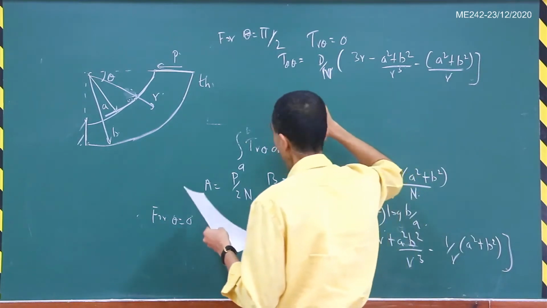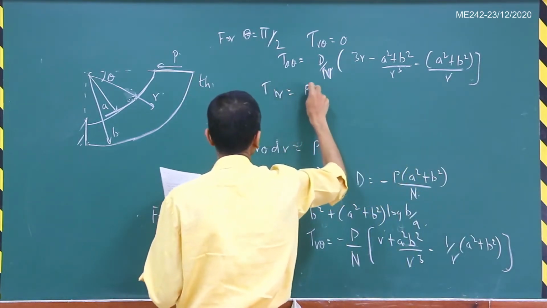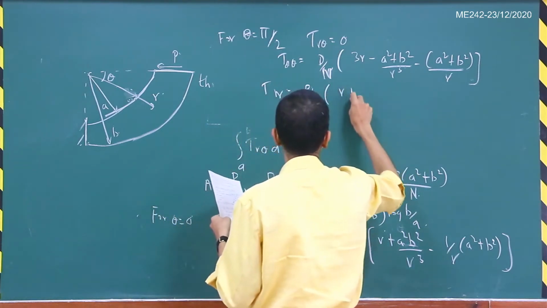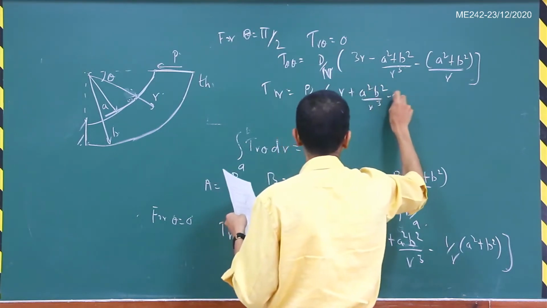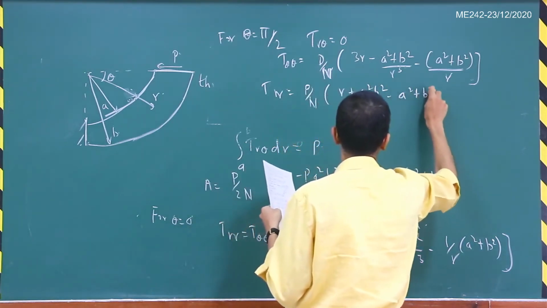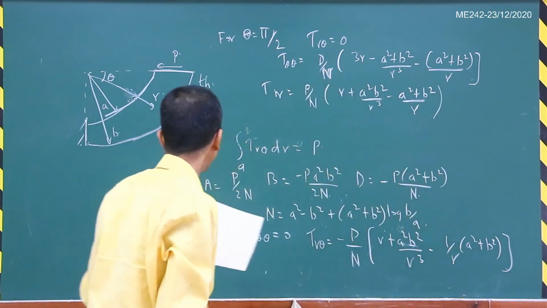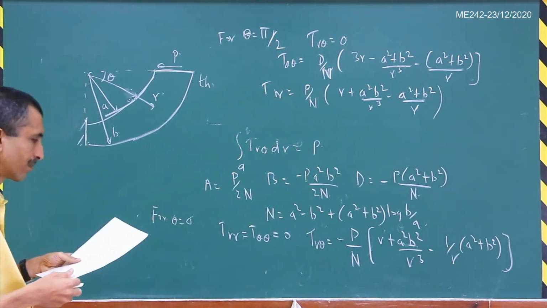And tau r is equal to p by n times r plus a square b square by r cube minus a square plus b square by r. So this is the distribution of stress at theta equal to pi by 2.